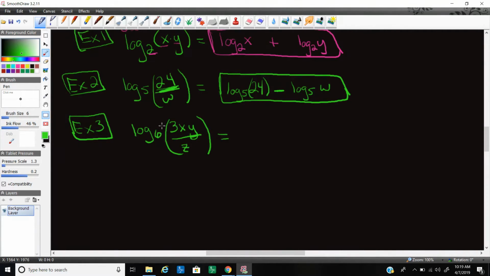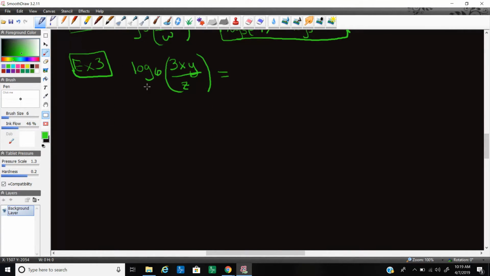We're trying to expand this one. Okay, so the first thing you want to do is see how many terms we have. So we have a 3, we have x, y, and z, a total of 4 terms. So we're going to have 4 logs. So log base 6, log base 6, log base 6, and log base 6.